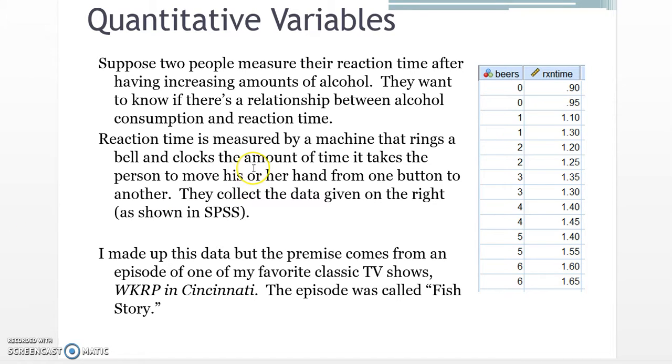So I will let you take a look at the introduction to this problem, which is talking about the number of beers versus the reaction time. I'll give you 30 seconds to read about the description of this experiment.